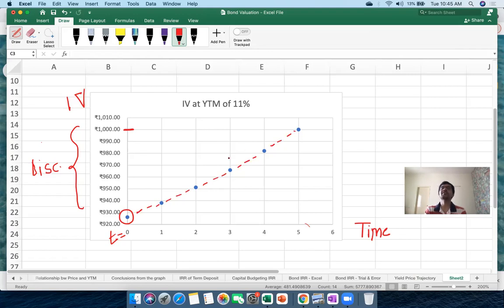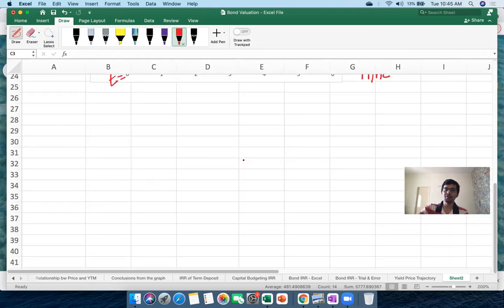Although over here you might feel that it's looking like a straight line, the true curve for a discount bond is going to be somewhat like this.